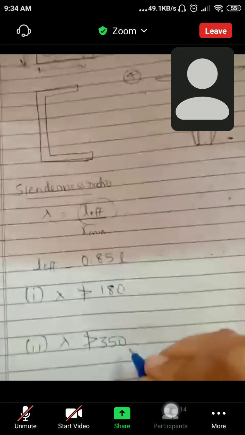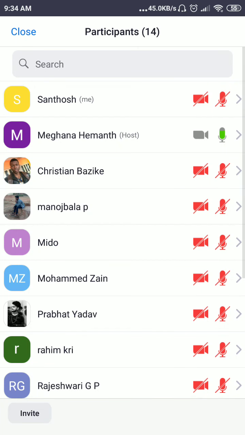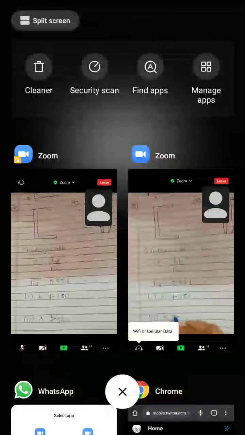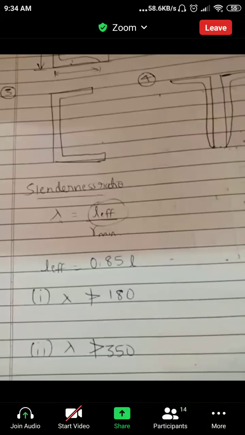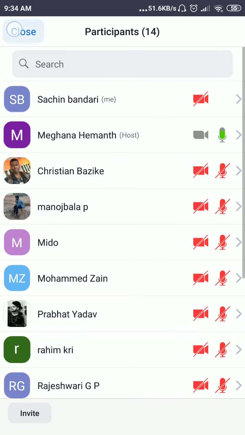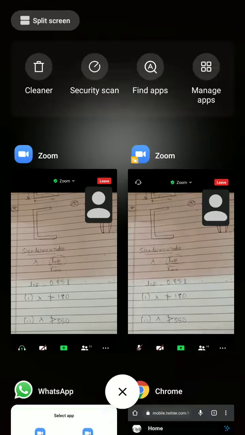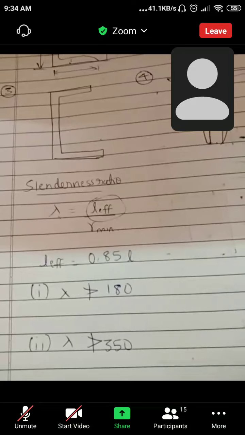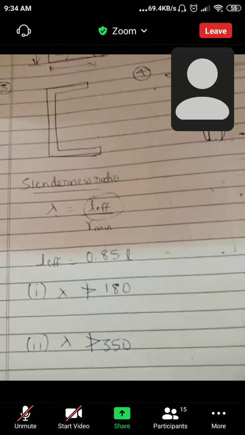When are these two conditions used? Both are used for the reversal of stresses. What is the meaning of reversal of stresses? Say your compressive stress is being reversed into a tensile stress, or vice versa. The nature of the stress changes, from compressive to tensile or from tensile to compressive.